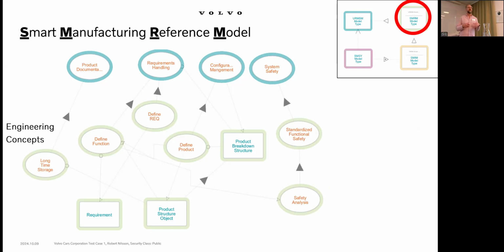If I change parts of one process responsibility, I might affect another one. If I take away the requirement, safety might not be so happy anymore, and configuration management for documentation might not be happy either. If I take away the product structure, none of them would probably be happy because we don't have any product configuration and we don't know basically how the product is divided and so forth. So there are heavy dependencies and these concepts need to be resolved.